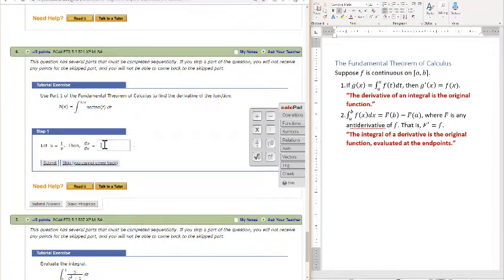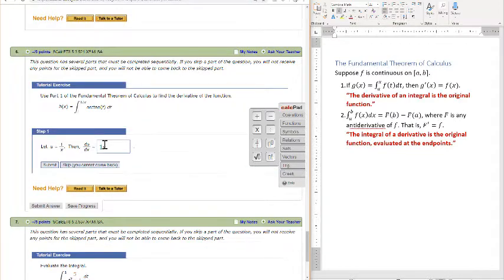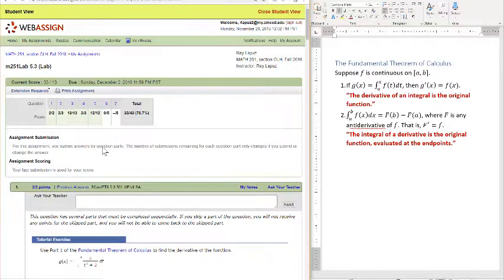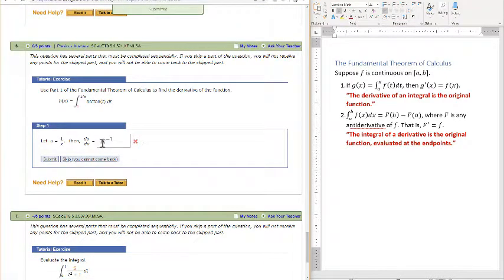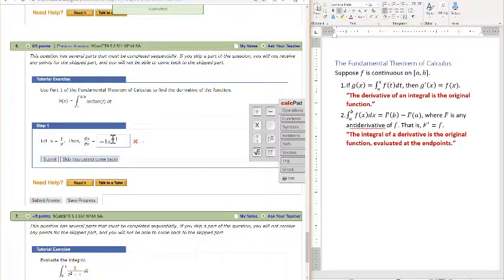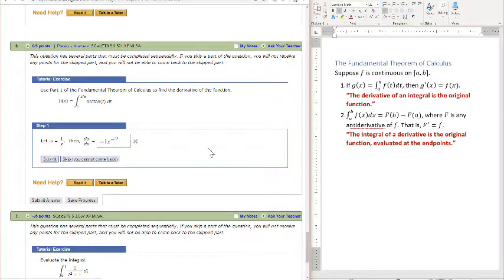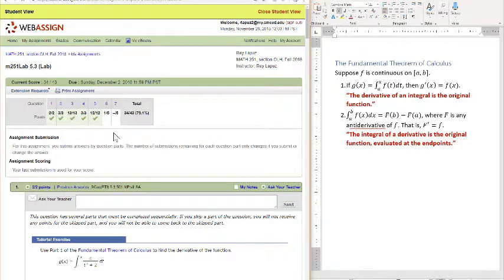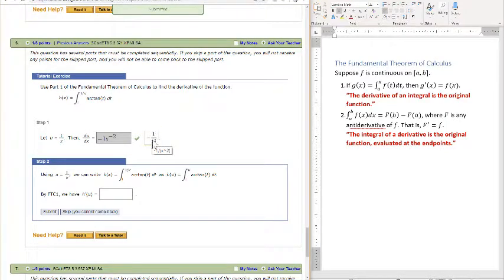It's going to be negative x to the negative 2 power. It might be nicer if we write it as negative 1 over x squared, which is what they have here. But either would work, so let's move on.